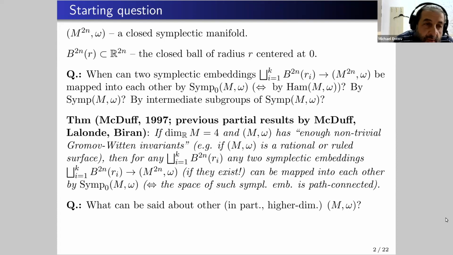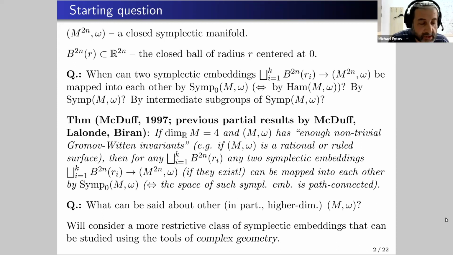So what happens is that we are going to consider a more restrictive class of symplectic embeddings, where we can use additional tools coming from complex geometry. That's the idea of this work. So we'll consider embeddings that are not just symplectic, but more than that, and this will allow us to use additional tools that are not available for general symplectic embeddings.